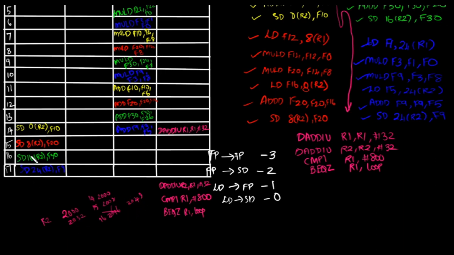So we should alter this constant displacement value in such a way that we accommodate the DADDIU here. Why is this offset hitting us? Because of adding 32. So let's fill the DADDIU first here: DADDIU R2 comma 32.